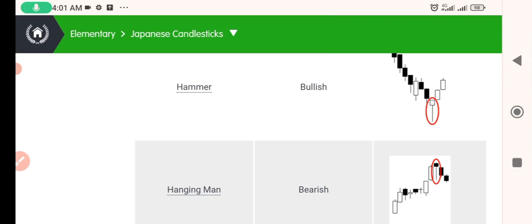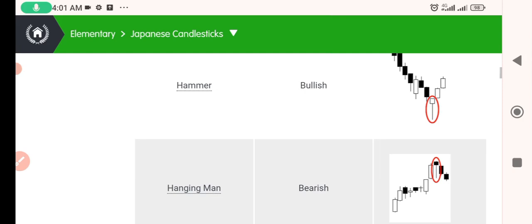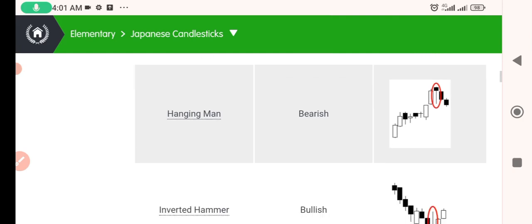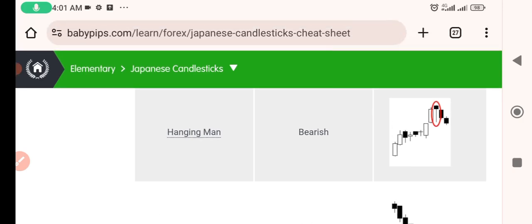Then you are looking forward to a buy in an area of support or an order block, whatever the case may be. Then we have our hanging man. The hanging man is a bearish reversal candlestick.